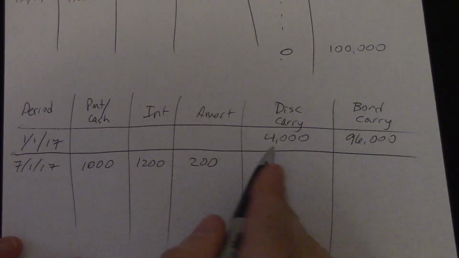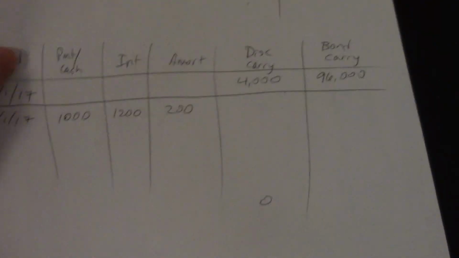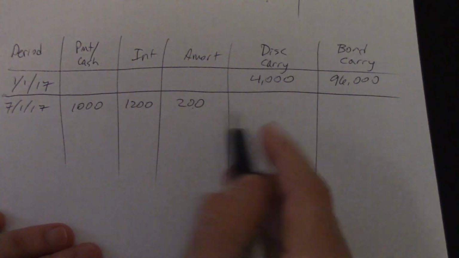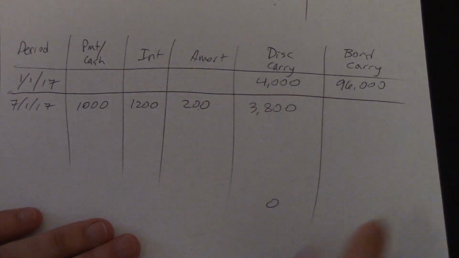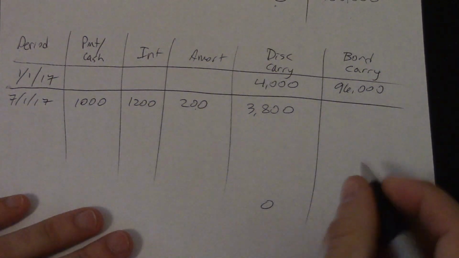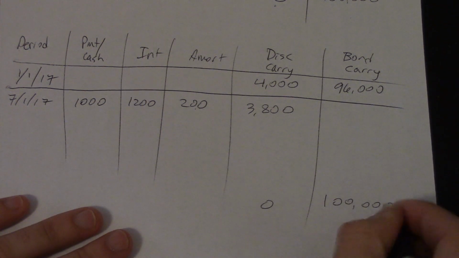Now again, the same logic. We're starting at $4,000. We want to end that discount at 0. So I'm going to subtract the 200 from the 4,000, and that gives me 3,800. And then use the same logic for the bond carrying value. We start at 96,000. We want to end at 100,000.